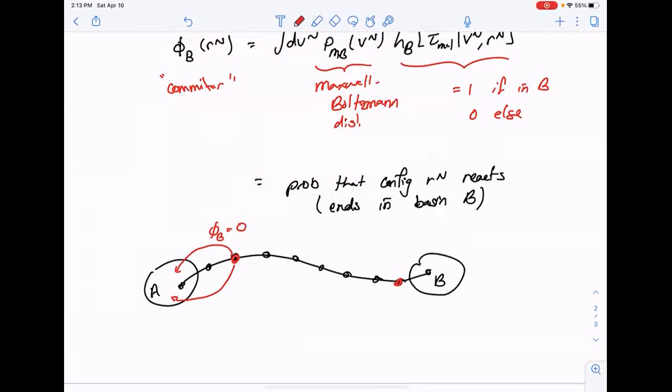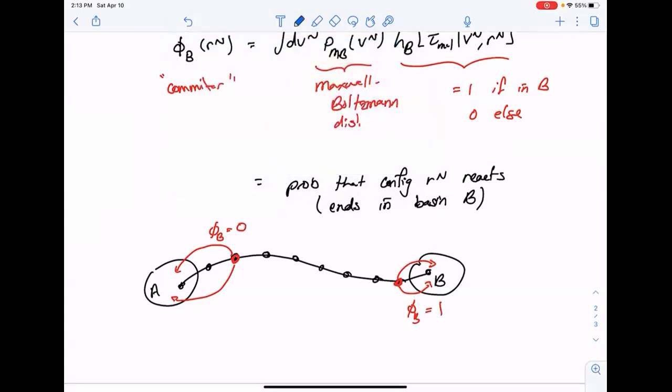Analogously, if I were to pick a configuration near the basin of attraction B and integrate trajectories, maybe overwhelmingly they will be sucked into B, in which case this committer function, this probability of reacting, would be very high, maybe even 1.